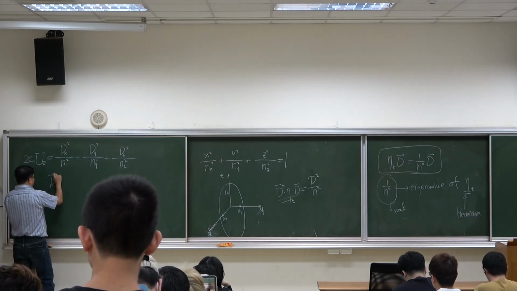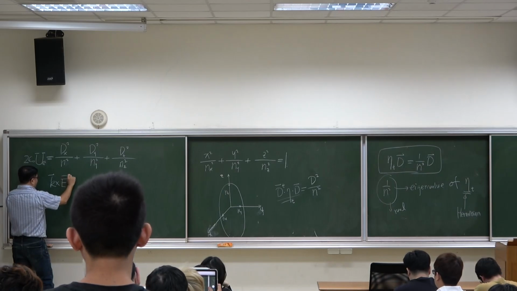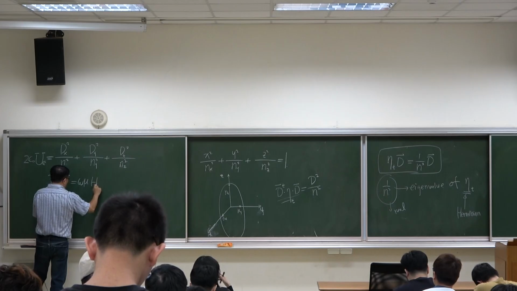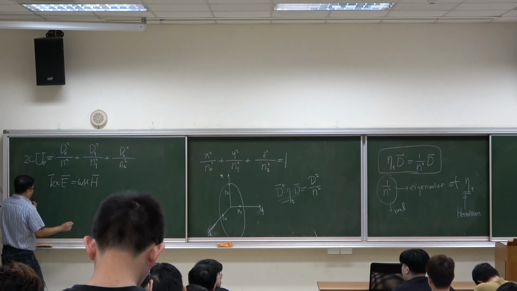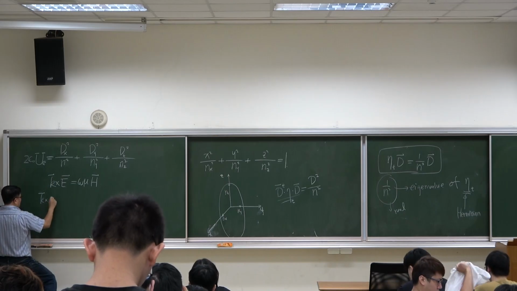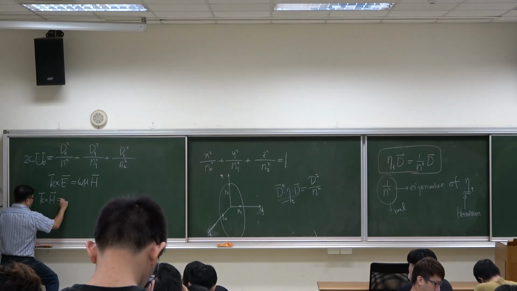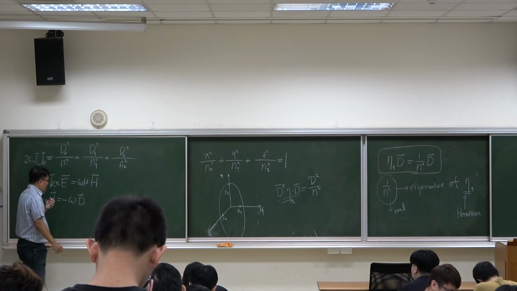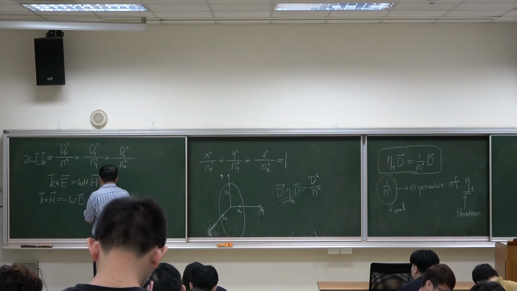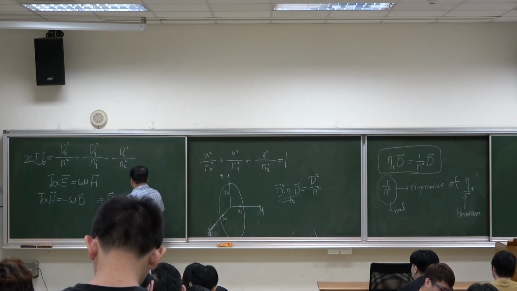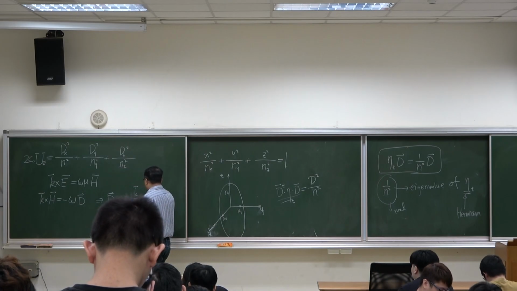We know that we have k cross e equal to omega mu h, okay? And k cross h equal to minus omega d. Okay. So d is minus k over omega cross h.